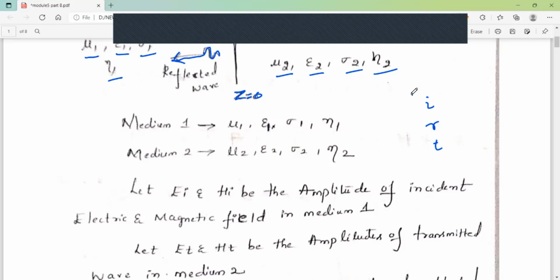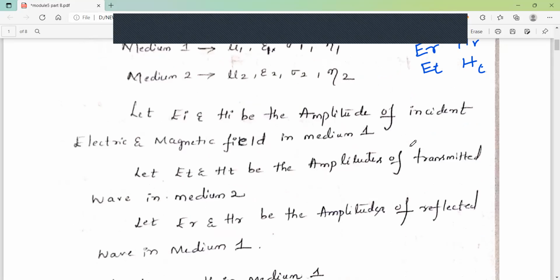So accordingly, we will have incident electric field E_i, incident magnetic field H_i, reflected electric field E_r, reflected magnetic field H_r, transmitted electric field E_t, and transmitted magnetic field H_t. So these are the general conventions which we are going to follow. And apart from that, when we are talking about medium 1, we are going to add the subscript 1, and when we are talking about medium 2, we are going to add the subscript 2.